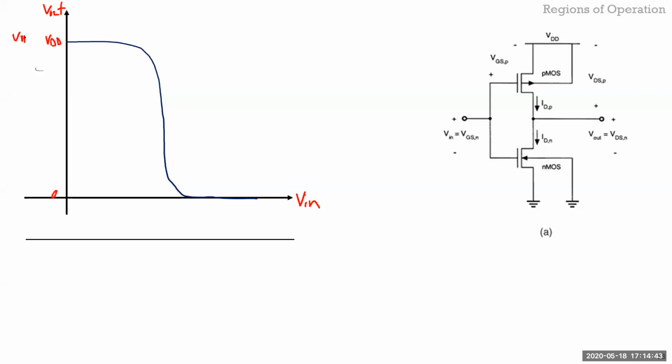So VOH is equal to VDD and VOL equals 0 volts. And this remains the case till your input crosses VTN. Till VTN, obviously you have a little bit of subthreshold current. It slowly starts charging a little bit, but you can assume that, okay, just give me a second here.